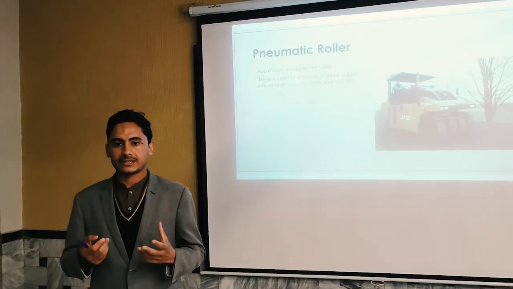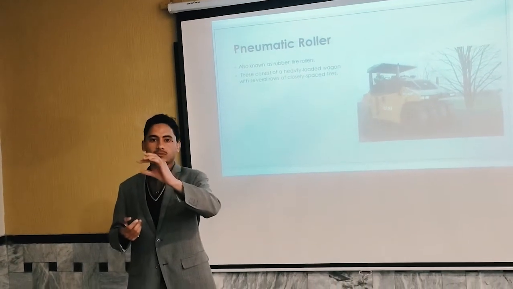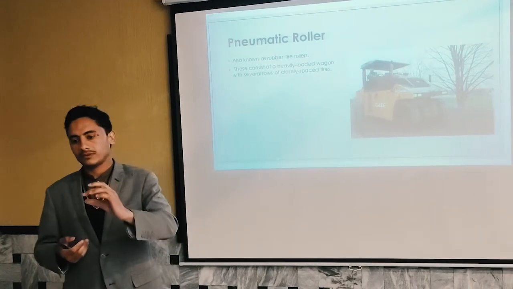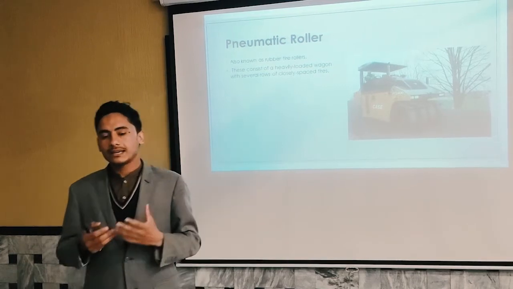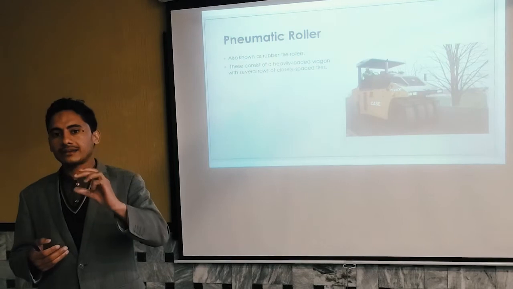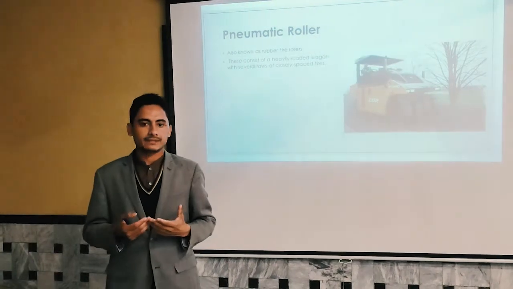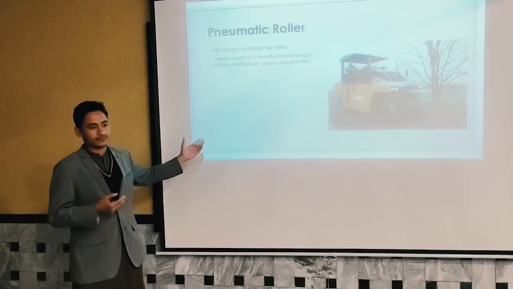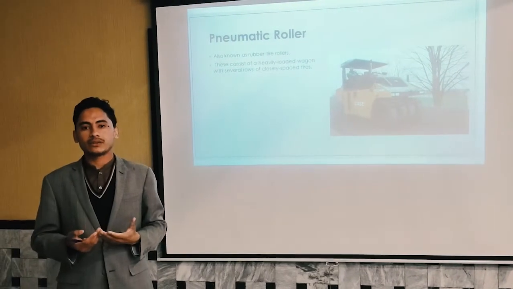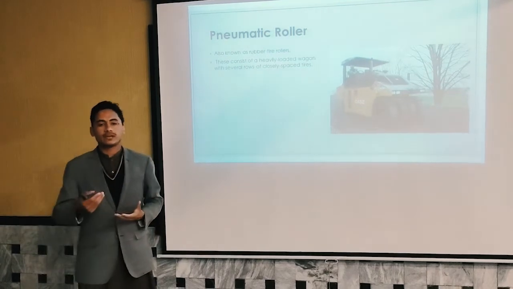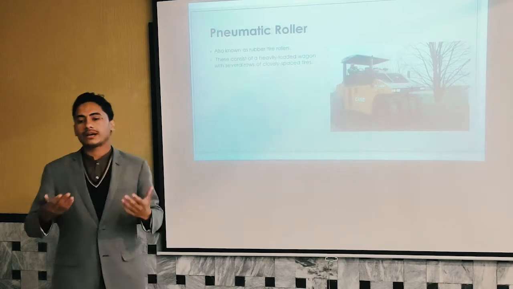When we compact the soil, we are decreasing the volume of the soil, so we confine the mass of the soil particles in a smaller volume. So from compaction we can get the dry unit weight. Dry unit weight is equal to weight divided by volume.